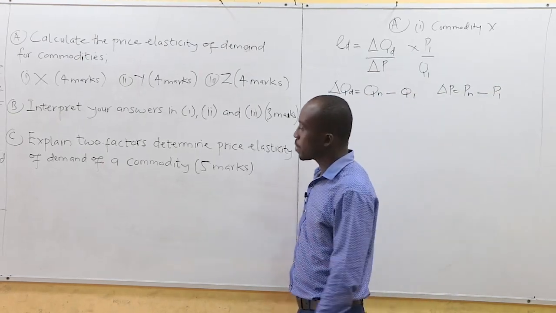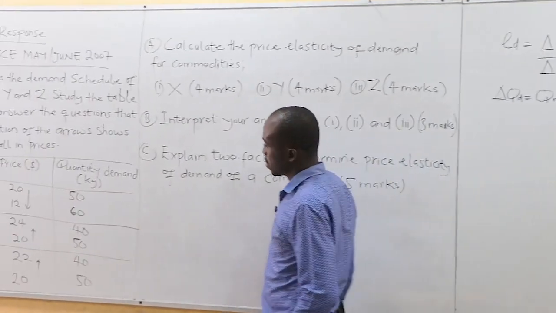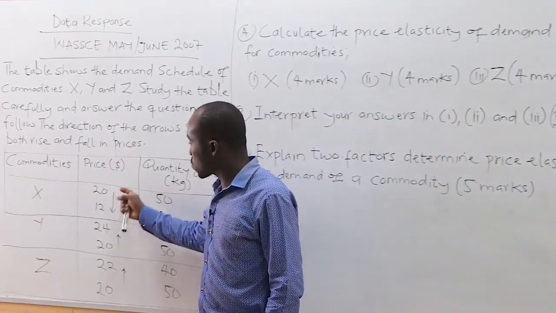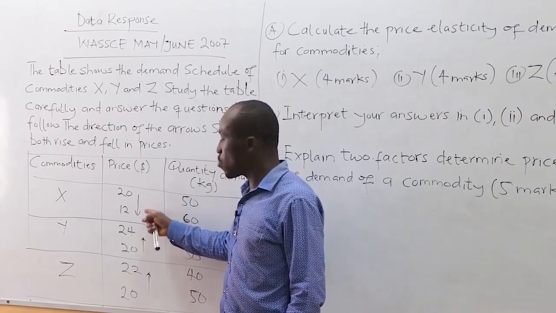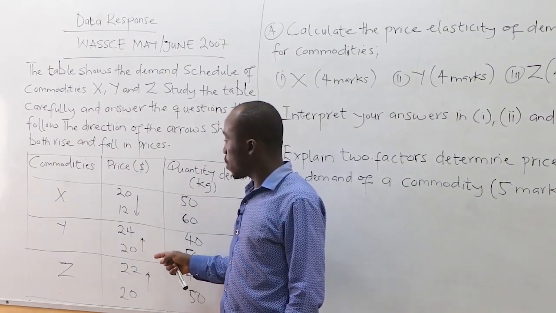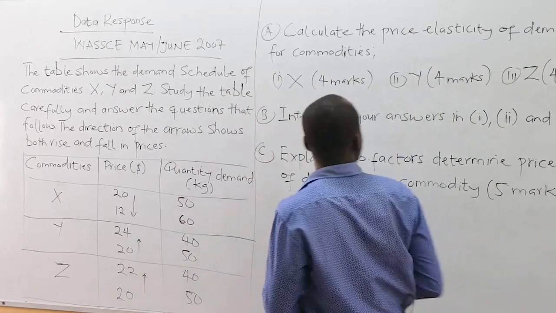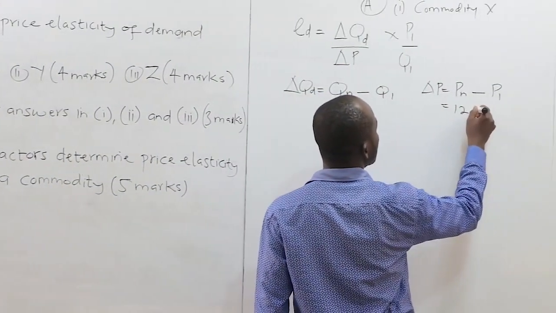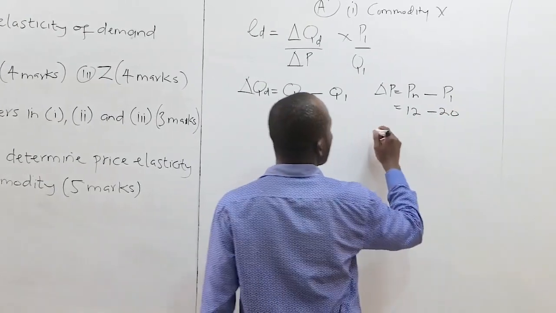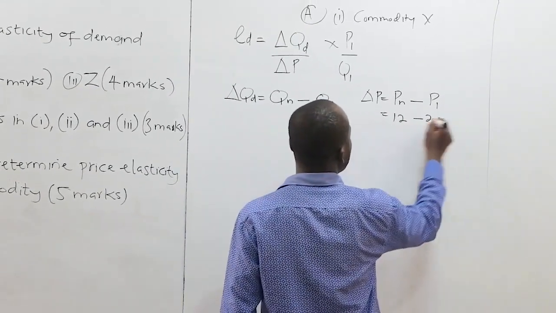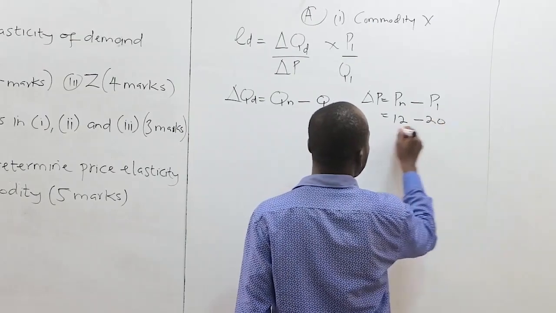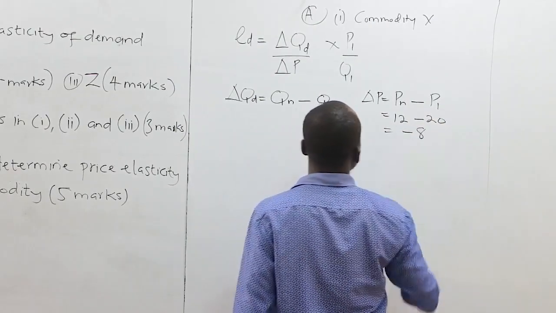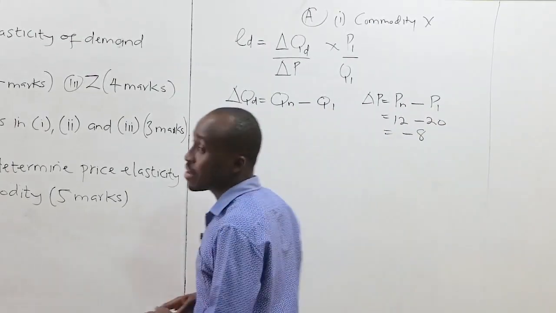So let's go to our table here. Let's see what we have here. First, let's get the price. The price was 20 and reduced to what? 12, right? So 20 to 12. So the new price is 12. The initial price was what? 20. So it gives you what? Negative 8, right? Okay, you can put it here, negative 8. So the price was 20 and reduced to 12.